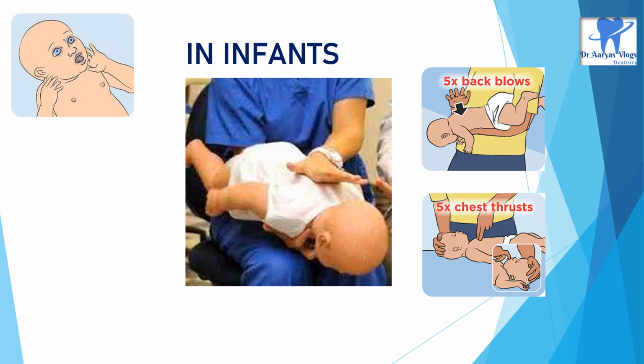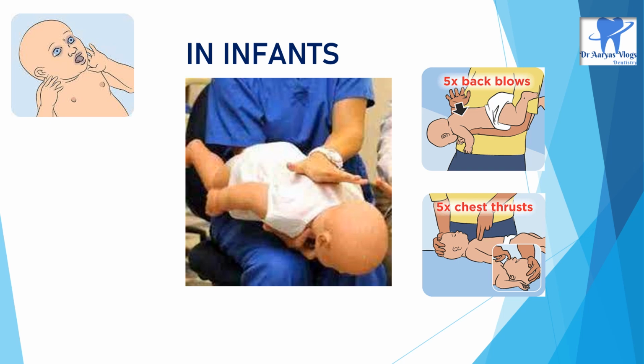Here provide 5 downward chest thrusts in the middle of the chest over the lower half of the breastbone. Deliver the chest thrusts at a rate of about 1 per second, each with the intention of creating enough force to dislodge the foreign body.